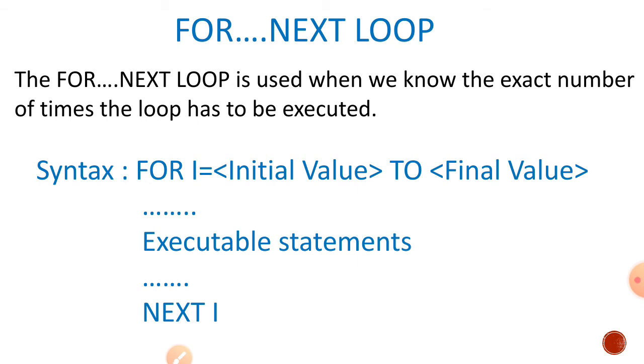You have to write first FOR, and then I equal to initial value. We have to put the initial value from where you have to start, and then TO, and after TO you have to put the final value, the last value. Okay, here I is the counter variable.